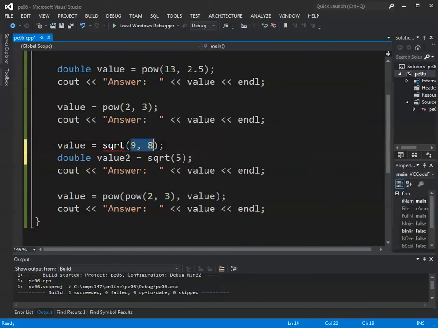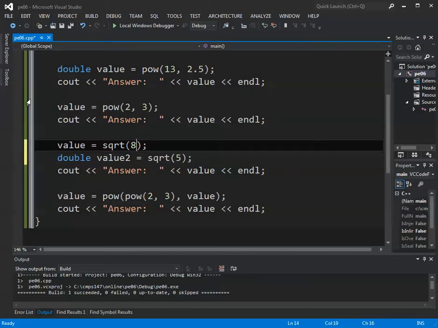Likewise, there are also functions that do not accept any parameters. We'll see one coming up soon called the random function. And that's perfectly acceptable if that function is defined like that. Of course, square root requires you to input one parameter. Okay, so let's take a look at an example.